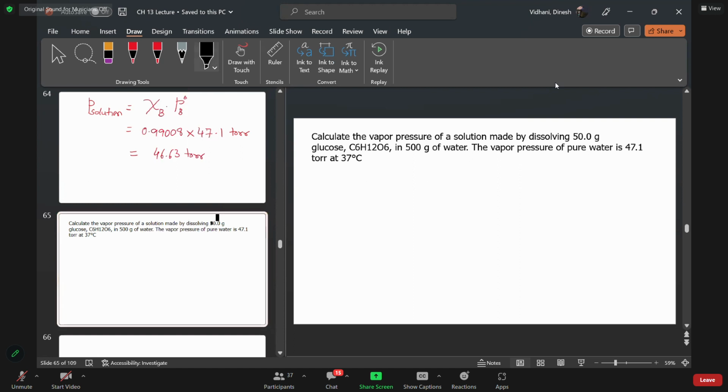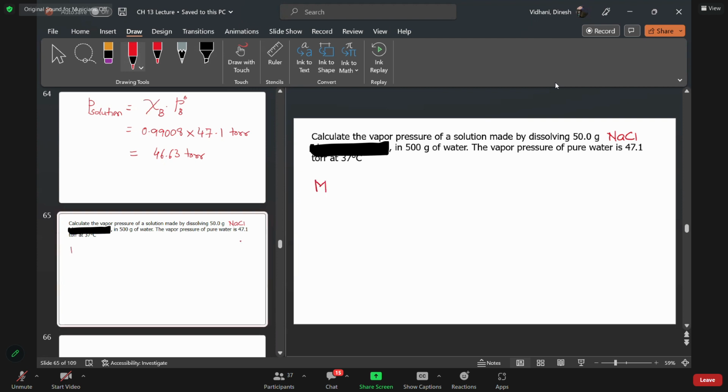I'll use the same amount of 50 grams, but this time 50 grams of sodium chloride. How would I approach this problem? You're going to find the mole fraction the way you did it earlier. But is the mole fraction the same now, or is it different? What do you guys think?